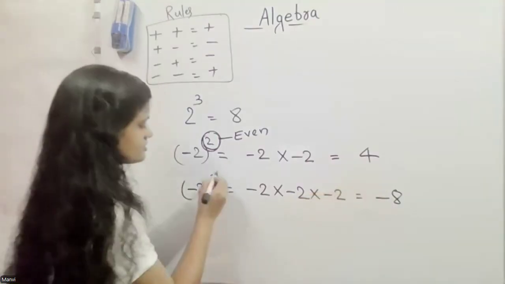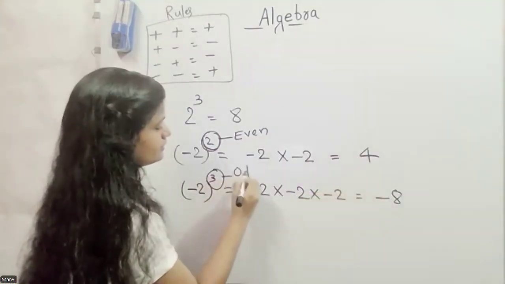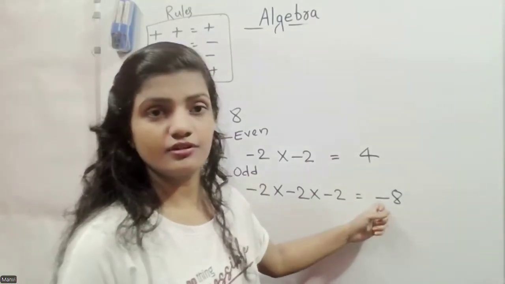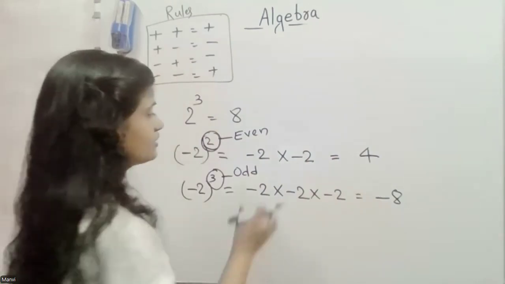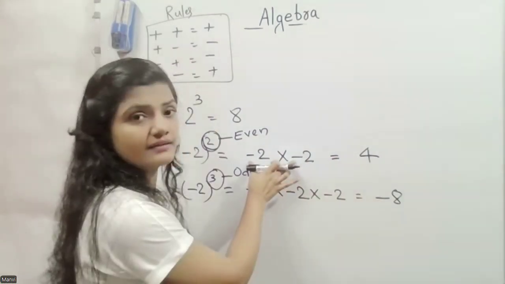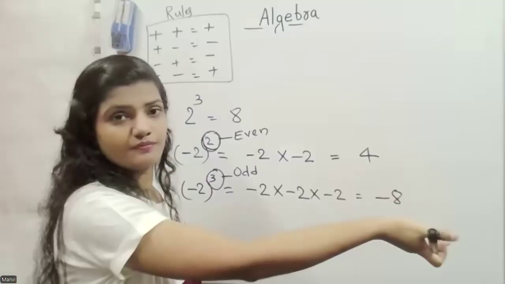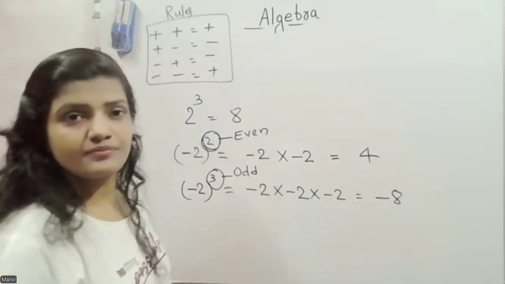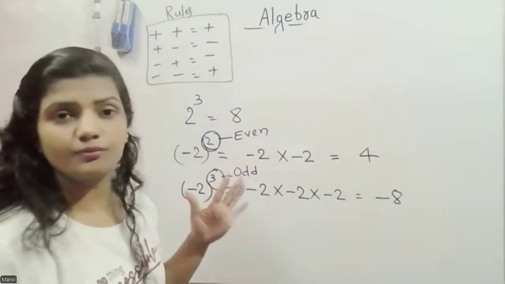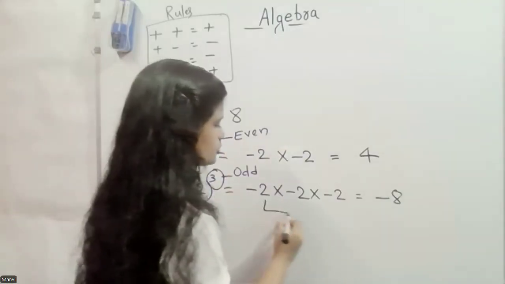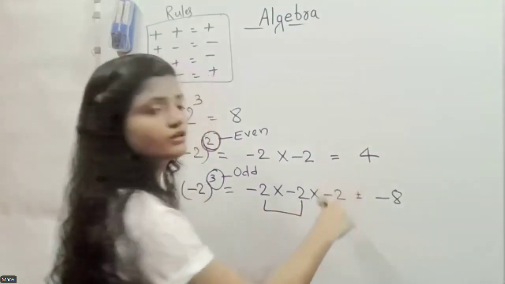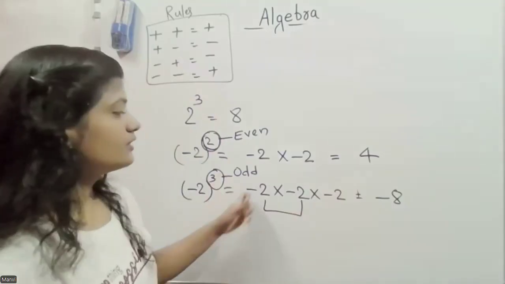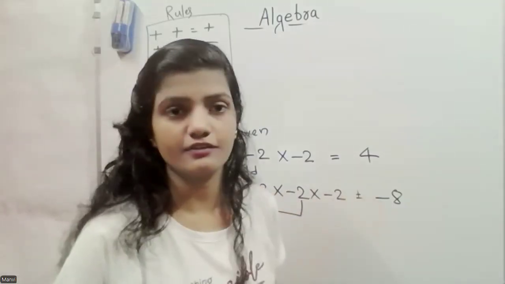And if it is odd, then the answer is always negative. Why? Because when we have a pair of the same sign, the answer must be positive. In even, we have pairs. But in odd, we don't have the pairs. We have the pair of this two and that two, and what about this? This two will be alone. That's why for odd, the answer is always negative.